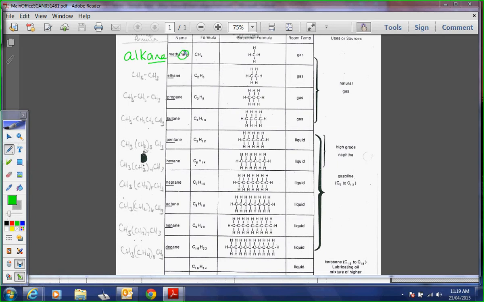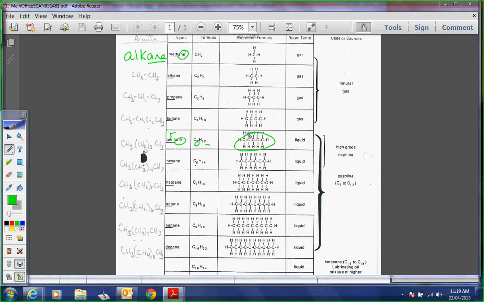Okay? Meth means one carbon, so the one carbon alkane is methane. Pent means 5, so pentane is 5 carbons that fits the alkane general formula, C5H12, all single bonds, a saturated hydrocarbon.